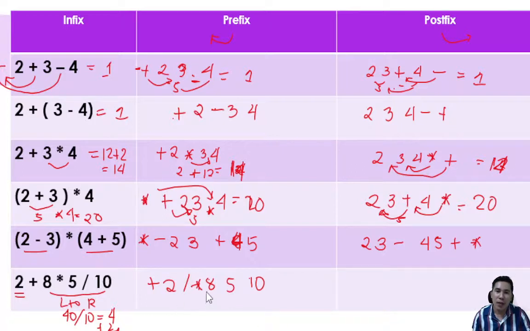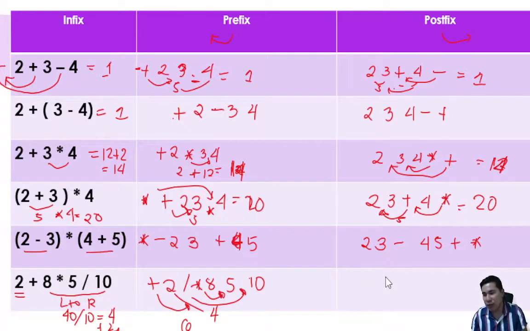So meaning to say, first do 8 and 5, okay, and then followed by the division. So 8 times 5, 40 divided by 10, which is 4. And then the result of this one, which is 4, is going to be added to 2, which is actually 6. Okay? So how about in postfix notation?